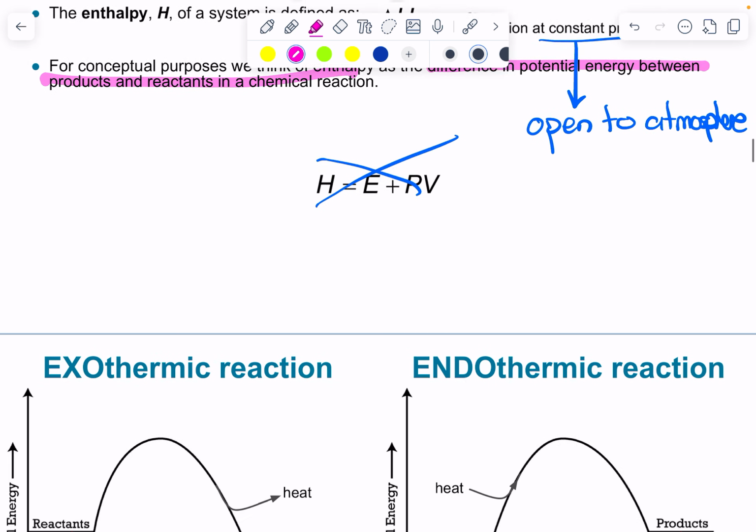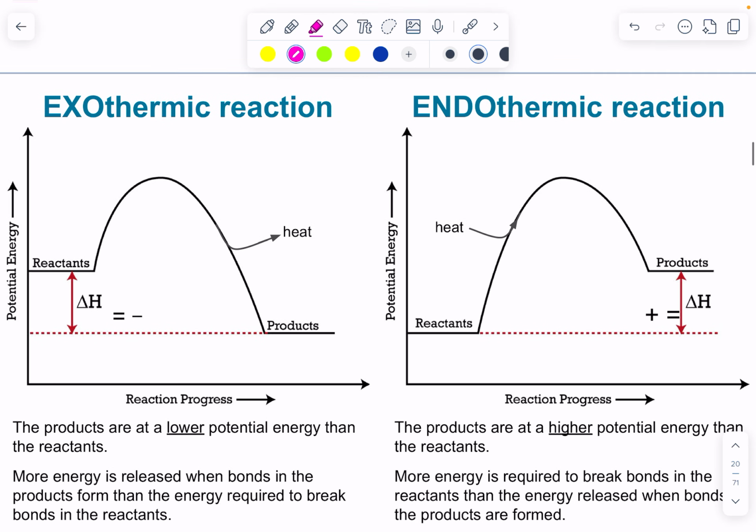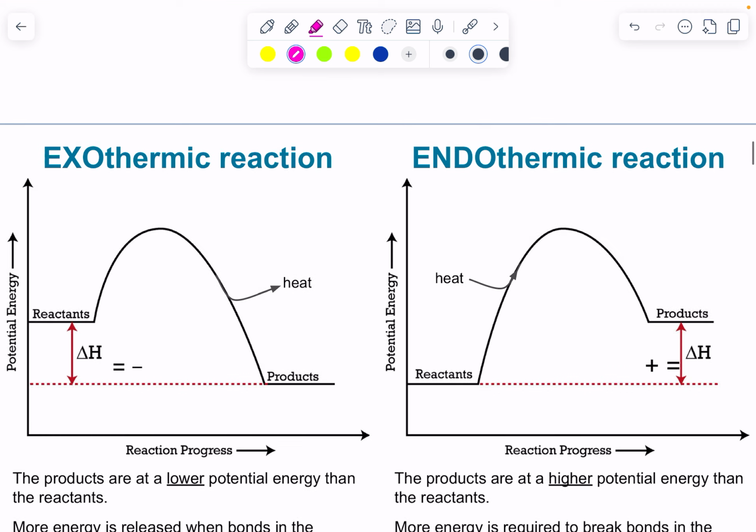So we're going to go back to those energy diagrams that we drew at the very beginning, but now we're going to show them in terms of a change in enthalpy. This is because enthalpy is almost equivalent to energy changes as long as we're at this particular set of conditions where we're open to the atmosphere and at constant volume. So maybe I'll just write that up here.